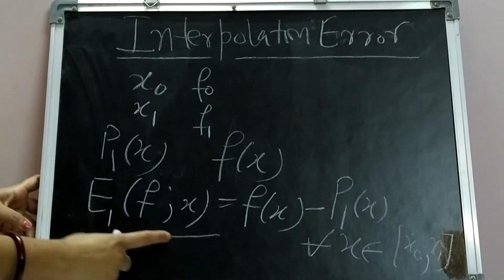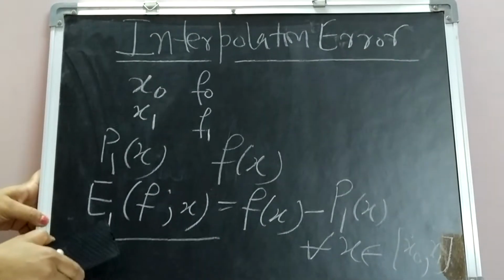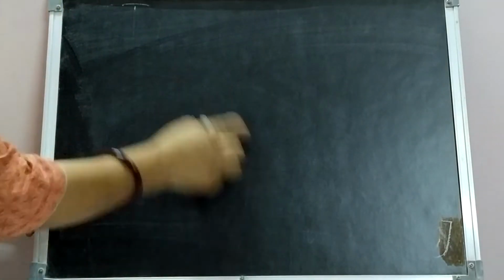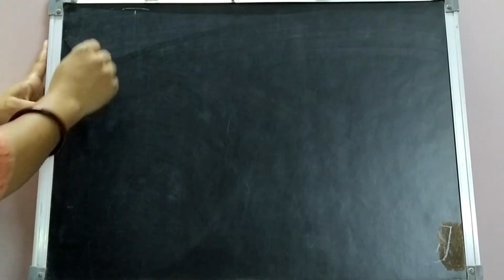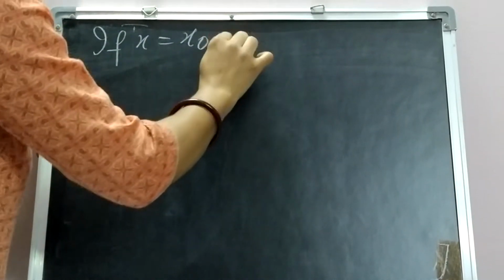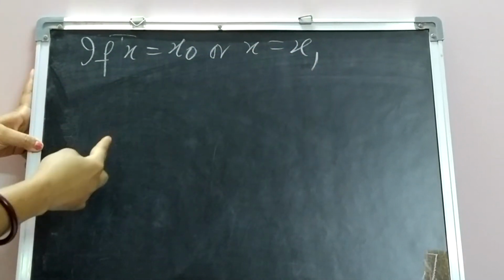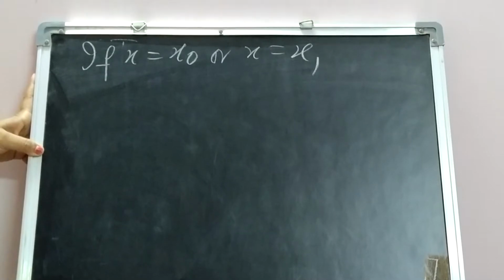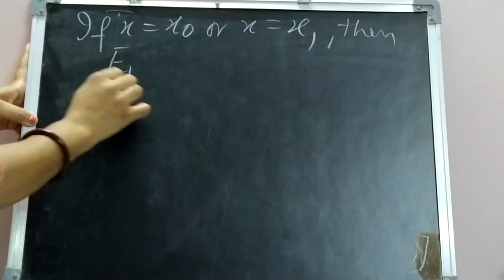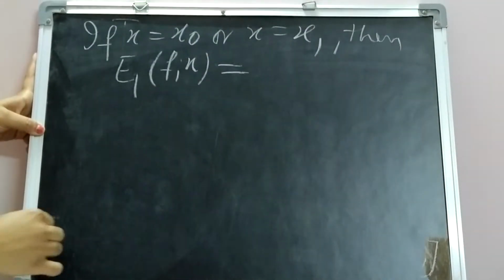Now we have to find the expression for this. So how can we derive the expression for this error function? Let us see. If x is equal to x0 or x is equal to x1, both the points, since here we have only 2 points, then the error function E1(f, x) will be equal to 0.